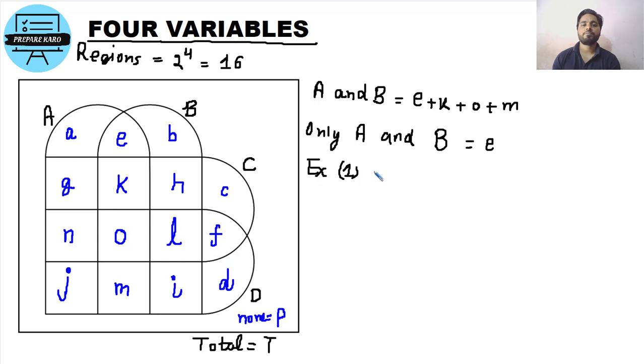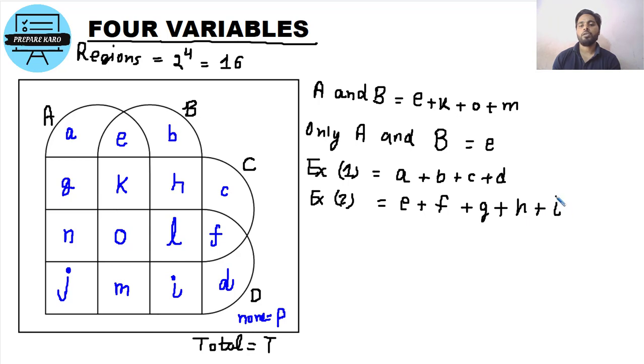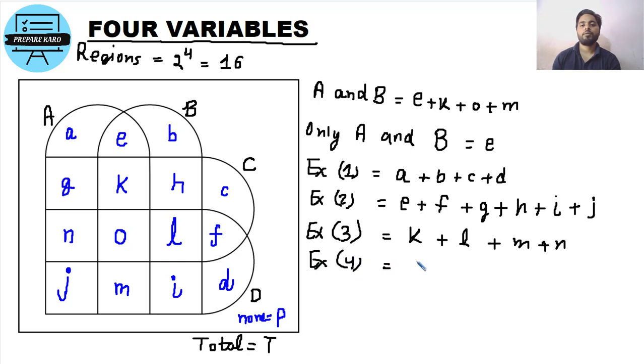What about exactly one? A, B, C, D, right? Exactly two is what? E, F, G, H, I, J. Exactly three, K, L, M, N. Exactly four, O, right?